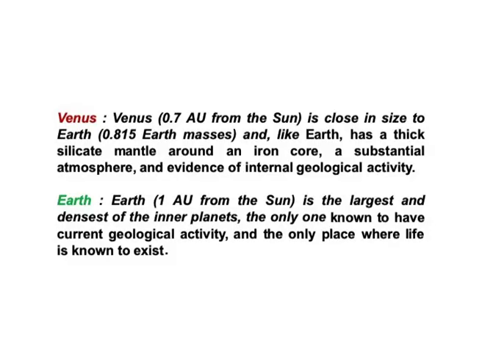The third planet is an important planet, we know that we are living on it, that is called Earth. The distance from the sun is 1 astronomical unit. I told you that is 1 astronomical unit from the sun, and it is the largest and densest of the inner planets.